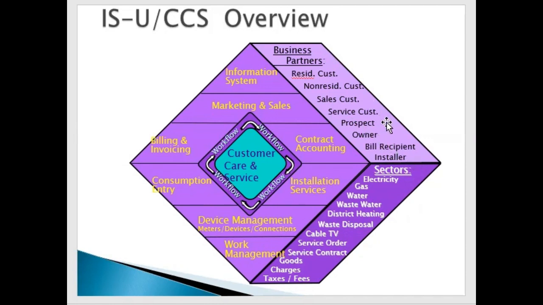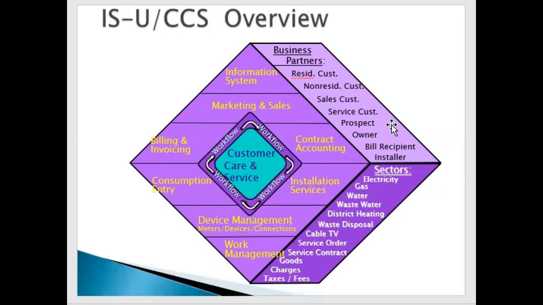Now here, whatever customers we are telling, we call them business partners. And the customers mostly are of these types: they may be a residential customer, a non-residential customer, a sales customer, service customer, prospect, owner, bill recipient, or installer.